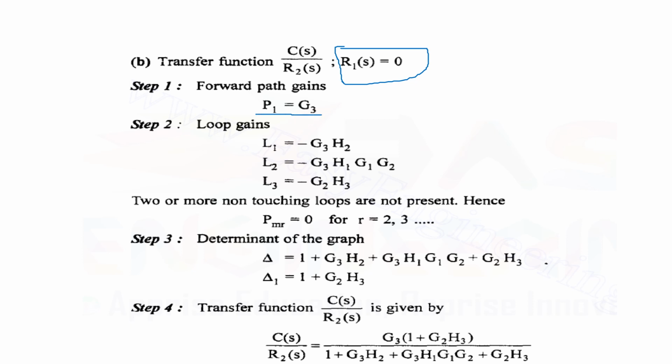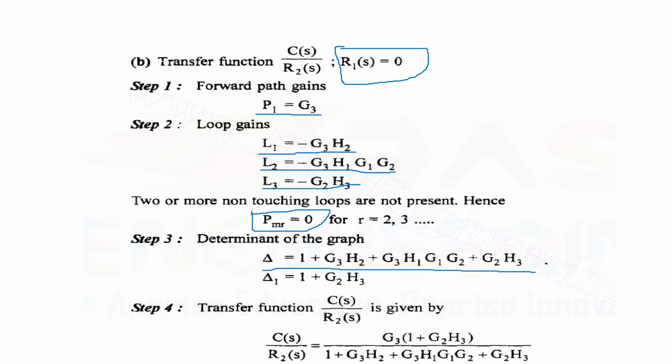P1 is taken as G3, L1 is taken as minus G3H2, L2 is minus G3H1G2, and L3 is minus G2H3. The non-touching loops are 0 and your delta value is nothing but equal to 1 plus G3H2 plus G3H1G1 plus G2H3, and delta 1: one of the loops does not touch this forward path, that is G3, so it is 1 plus G2H3.